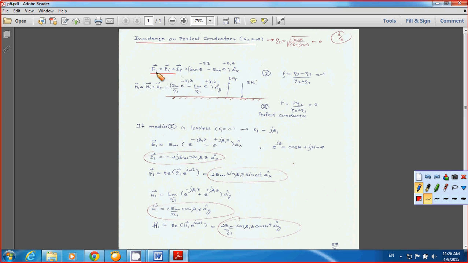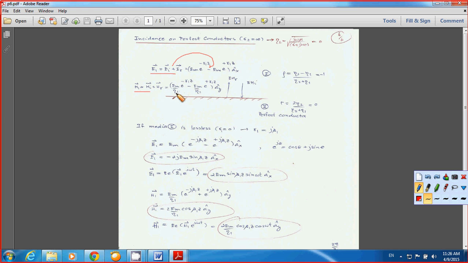And then use the same relation. E1 is the EI plus ER. EI equals EM exponential negative gamma 1 Z, and ER you simply multiply this one by rho, right? You add them up, but your rho becomes negative 1, so that's a positive sign here, showing to be a negative 1 here. Same as H1 equal to HI plus HR.